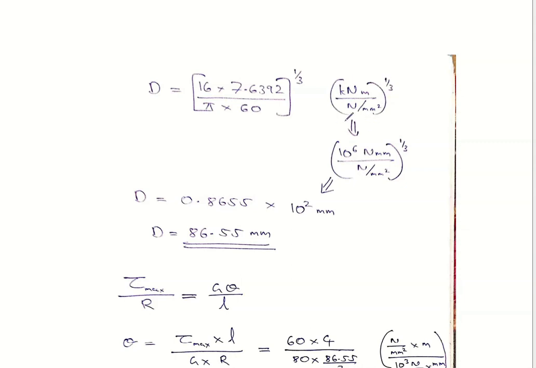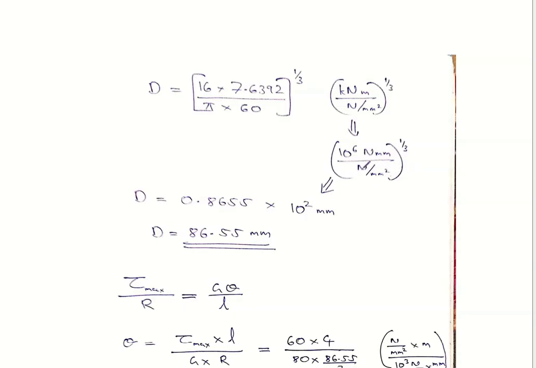So I'll convert the numerator to Newton and millimeter. Kilonewton is nothing but 10 raised to 3 Newton, and meter is nothing but 10 raised to 3 millimeters. So those, 10 raised to 3 Newton and 10 raised to 3 millimeter, I'll combine and write as 10 raised to 6 Newton millimeter by Newton per millimeter square.